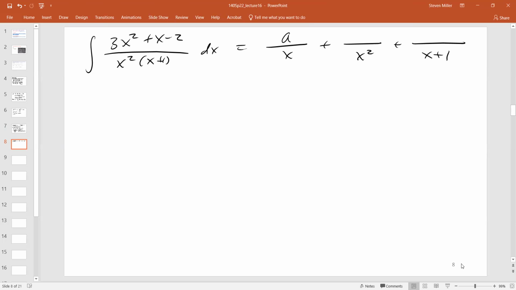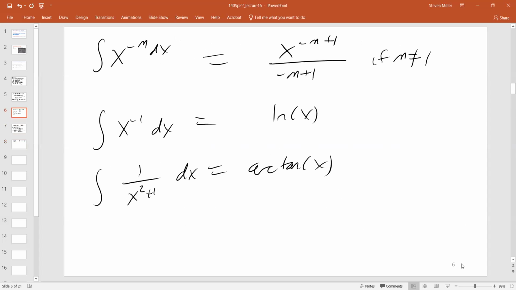X squared, what's the base polynomial for x squared? It's just x, right? We don't care what power. This is the argument we did at the beginning of the day.